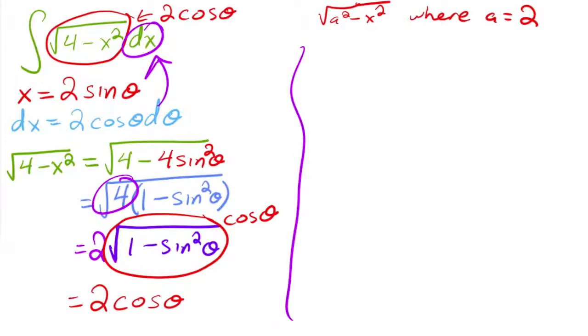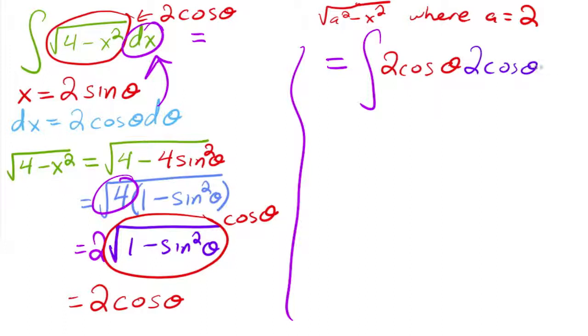Okay, so then this integral is equal to the integral of 2 cosine theta, and then dx, which is another 2 cosine theta d theta. Let me take the 2s outside. That's going to be 4 times the integral of cosine squared theta.